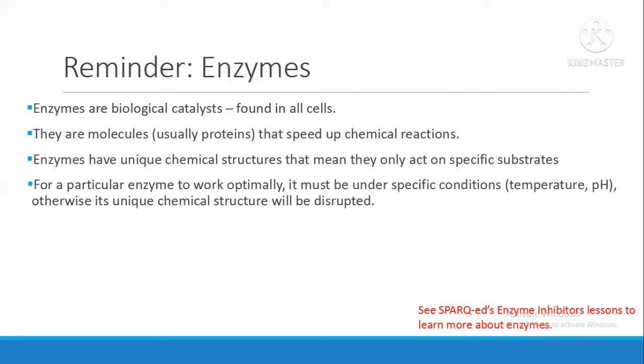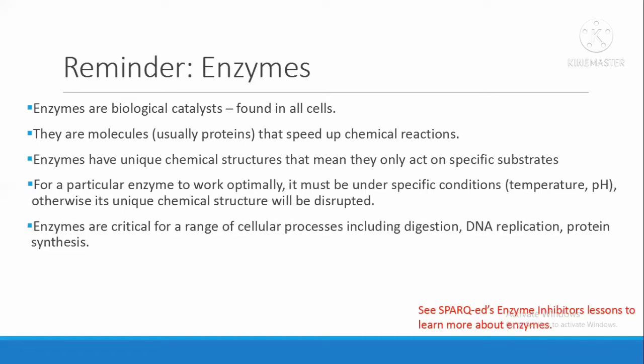It is most familiar that when the structure of a protein is disrupted or changed, it will never work normally. Enzymes are critical for a range of cellular processes, including digestion, DNA replication, and protein synthesis.